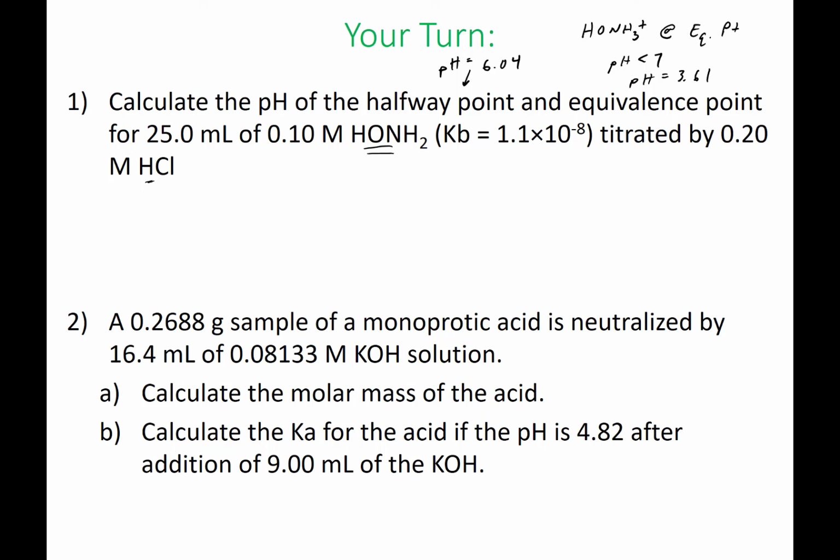So see if you could come up with those answers. For number 2, your molar mass of the acid should be 202 grams per mole, and the Ka, it's real similar to the one I just did, is 1.8 times 10 to the negative 5th. All right, good luck on those questions.